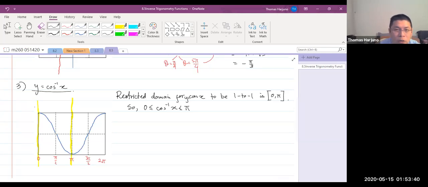Because the domain of cosine x is restricted to 0 to pi, the range of cosine inverse will be the same. So for example, how about cosine inverse of 1/2? Cosine what equals 1/2?